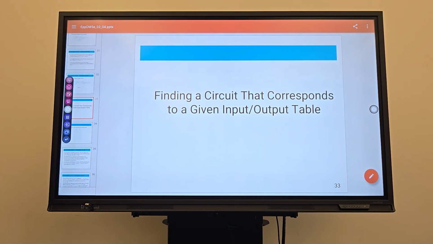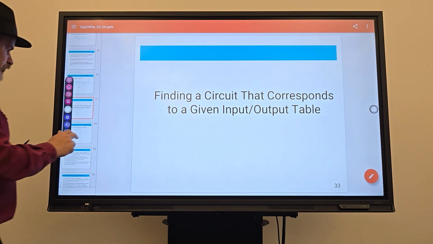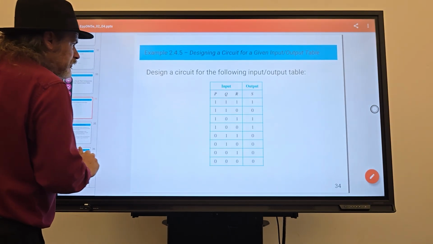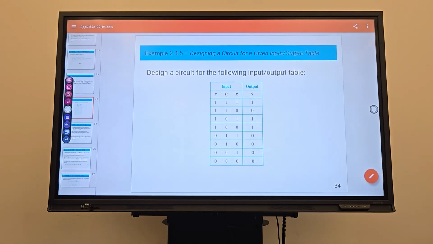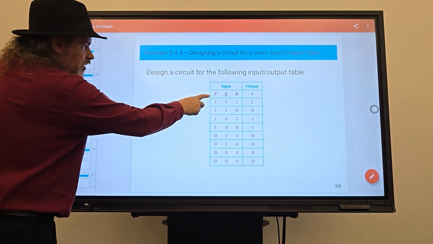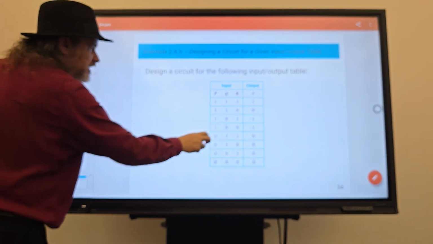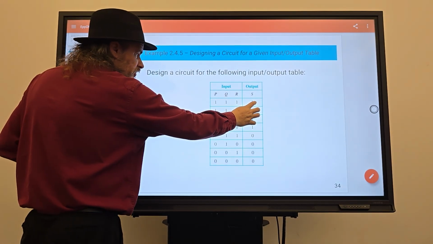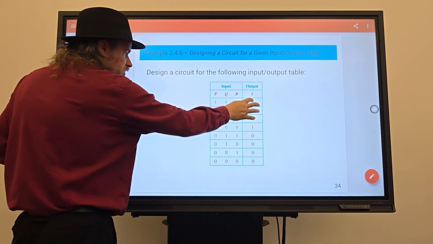Now, finding a circuit that corresponds to a given input-output table. Say you have an input-output table that you want these outputs given those inputs. So you identify which rows have a high or 1 for an output, 1, 3, and 4.